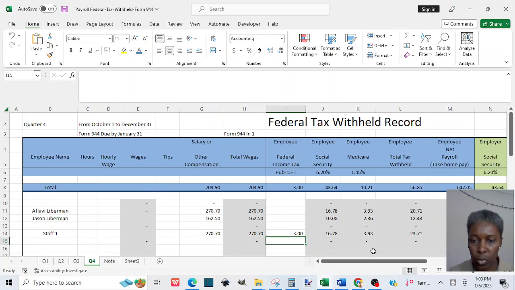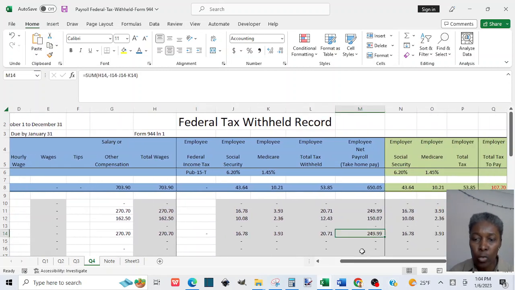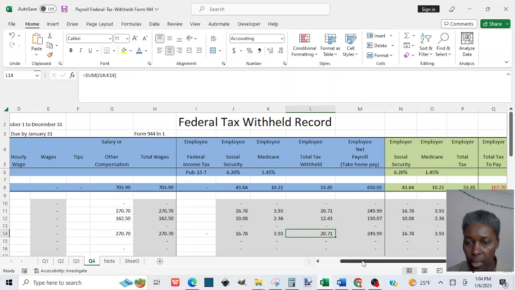So that's how the spreadsheet works. The Social Security will calculate for you, but please just check to make sure it's calculating right for you. The Medicare will calculate as well. And that is the amount to withhold from the employee's salary. The spreadsheet pretty much will help you determine how much you are going to pay net to the person and how much you are going to hold on to give to the IRS later.